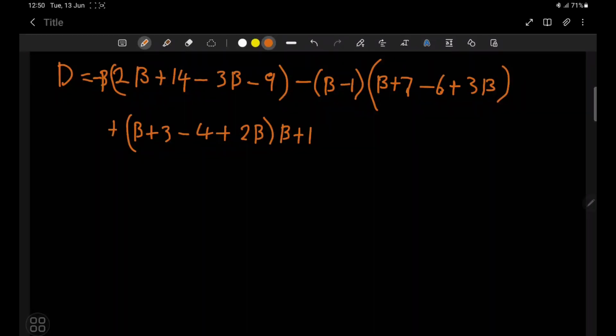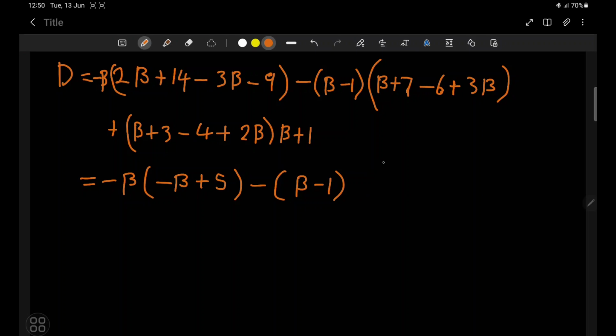Okay, so from here we can simplify. We can work with what is inside the brackets here. While having negative beta outside, 2 beta minus 3 beta will have negative beta. 14 minus 9 will give us a positive 5. Here we maintain the negative, then beta minus 1.